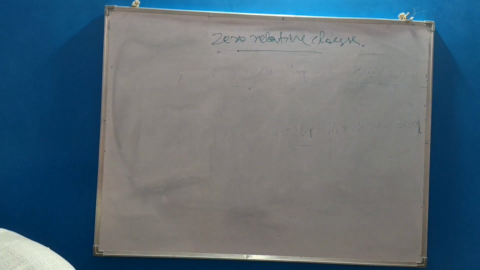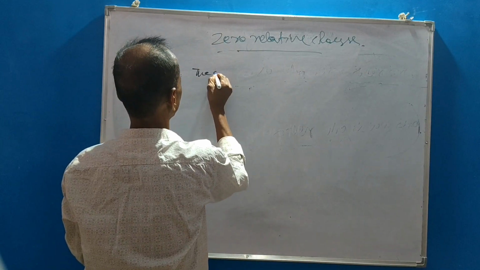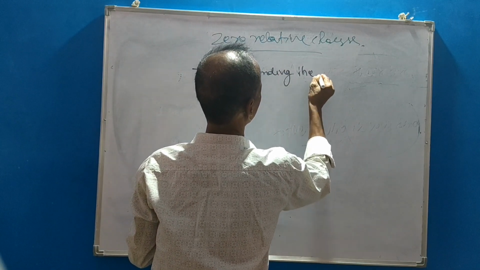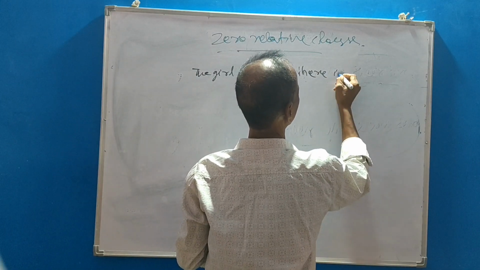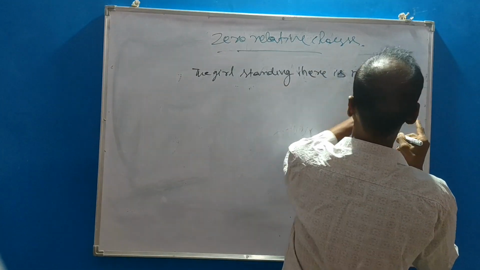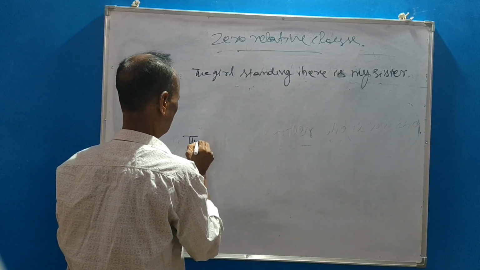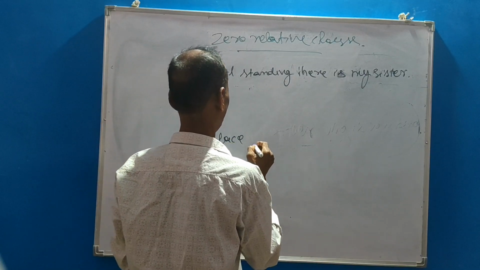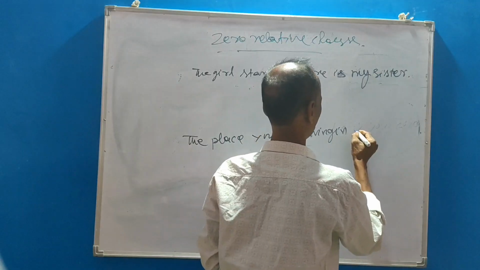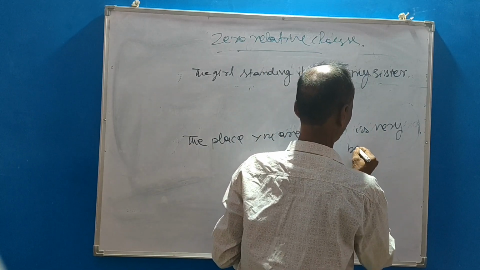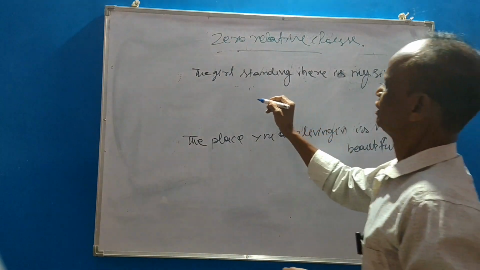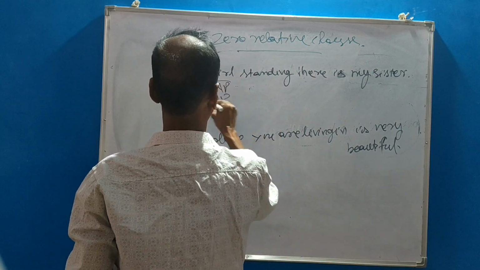For example, the man standing there. Okay, the man is the noun phrase or antecedent part.